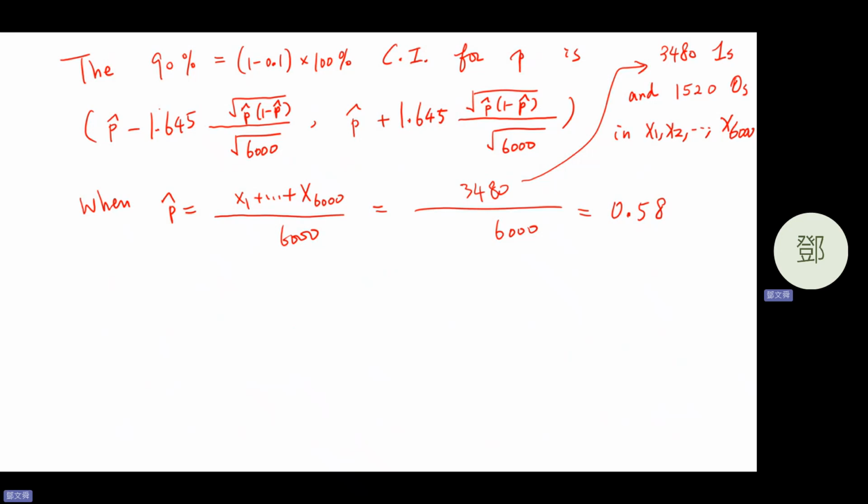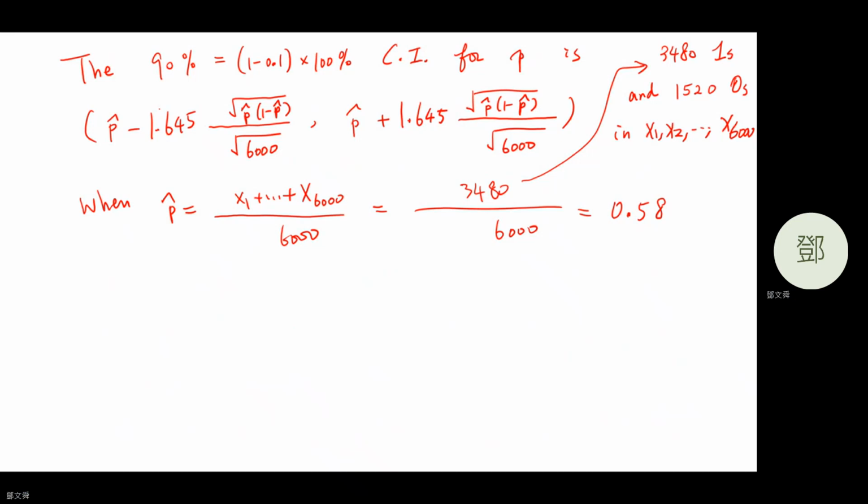So there are 3,480 ones and 1,520 zeros in X1, X2, all the way to X6000. All right, that's what we have from the textbook example. So the sample proportion is 0.58.